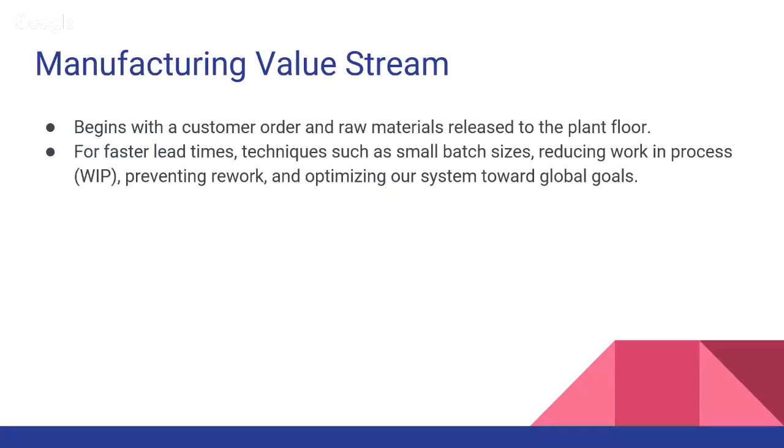It begins with the customer order and the raw materials released to the floor. And of course, for faster lead times, you need to use techniques such as small batch sizes, reducing work in process, preventing rework, and optimizing the system towards global goals.